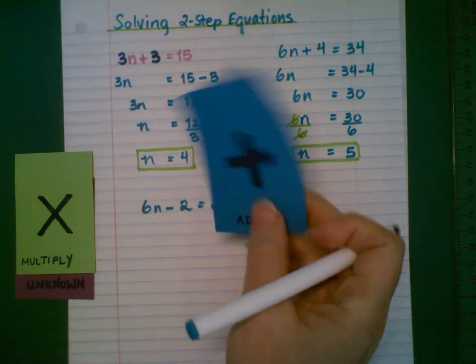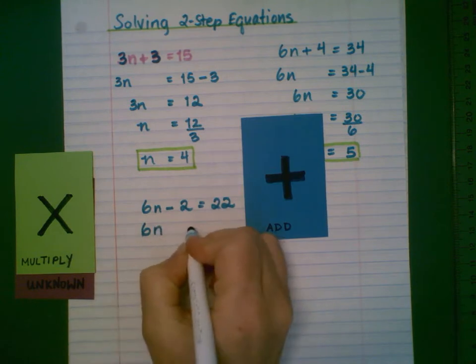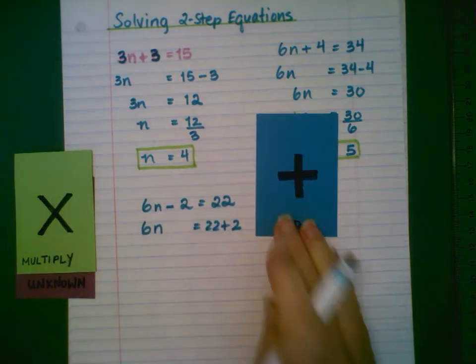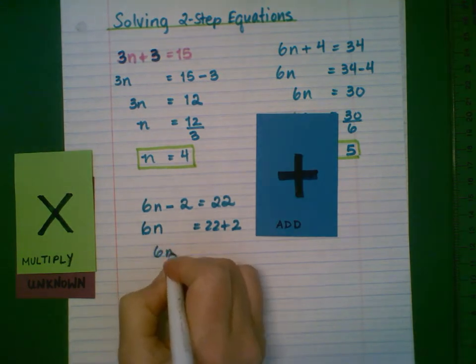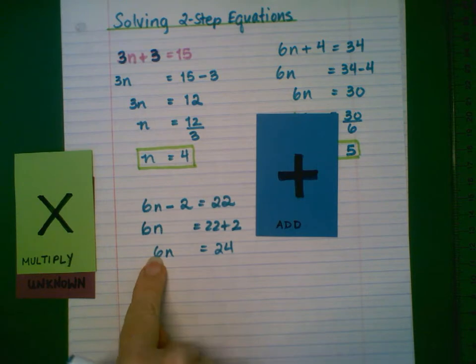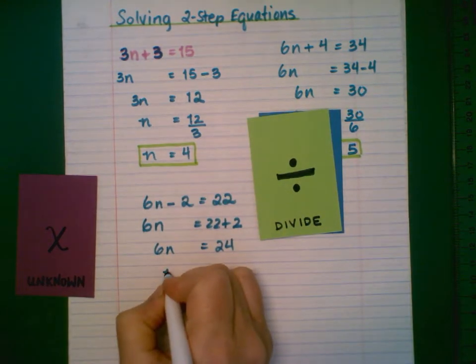So undo a subtraction by doing an addition. So I'm adding the 2 over to the other side. That simplifies to 24. And then I'm going to undo this multiplication by dividing.